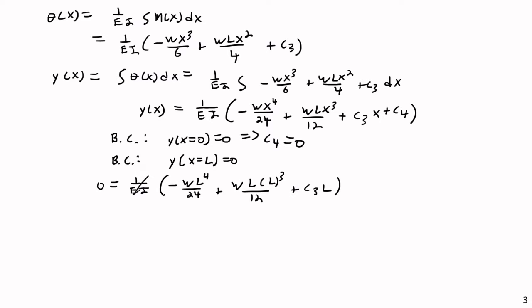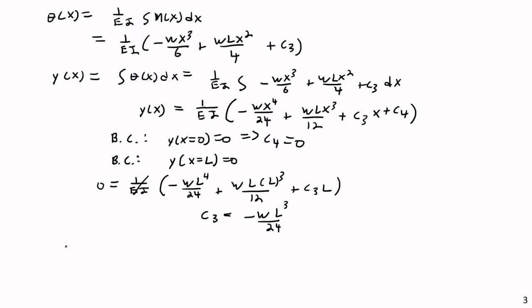So the 1 over EI goes away, and if you gather up all like terms, move them over to the other side, and solve for C3, you will find that C3 is equal to negative wL to the third divided by 24.